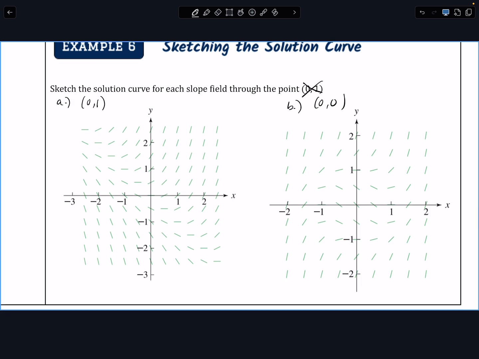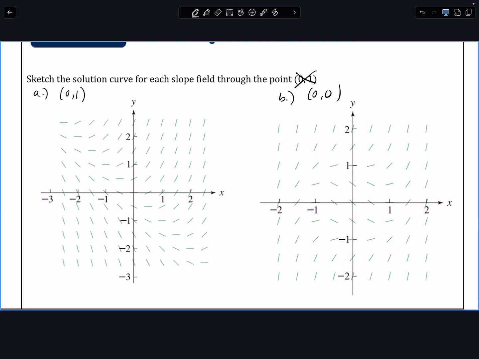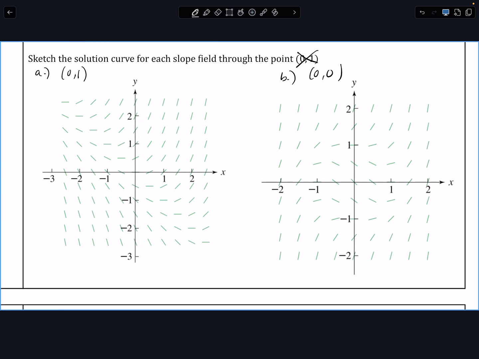All right. So this is honestly kind of difficult at first to visualize, but what you're doing is you're going to plot the point on the slope field. So 0, 1 would be right there. And what you're paying attention to is you're looking at the hash marks and how they're behaving.